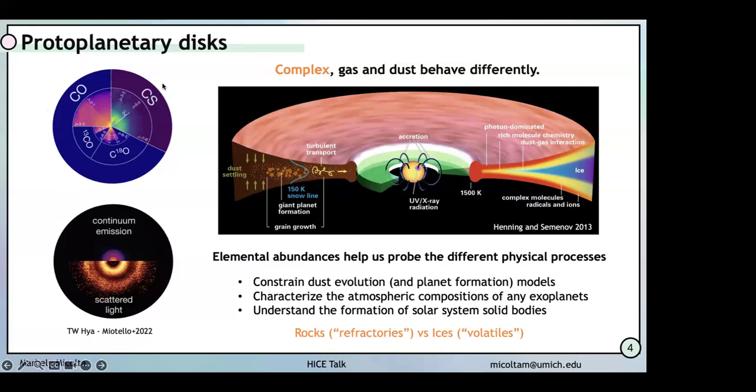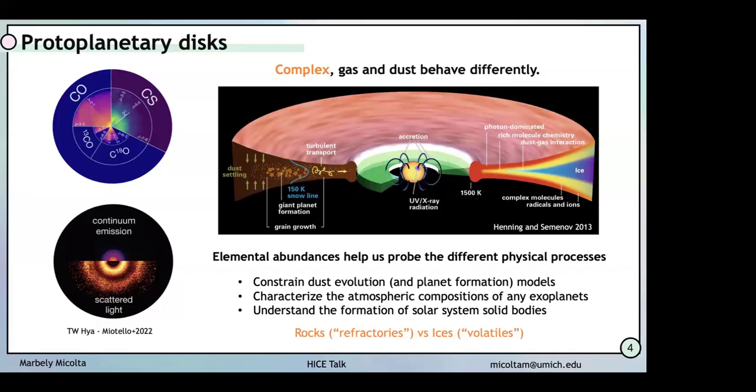And here you have these beautiful plots of TW Hydra, one of the most famous disks, and how it looks in different molecules, by continuum emission, and in scattered light. A way that we study these complex processes within the disk is by looking at the elemental abundances to probe the different regions of the disk and what's happening, and put the whole story of the processes together.